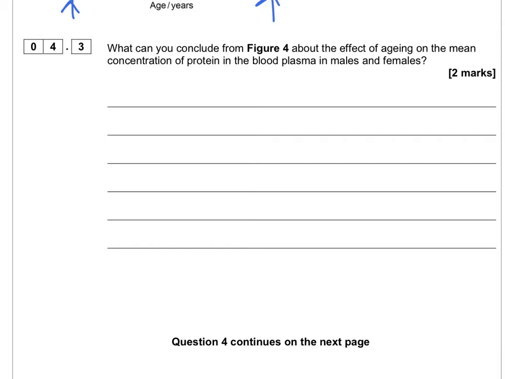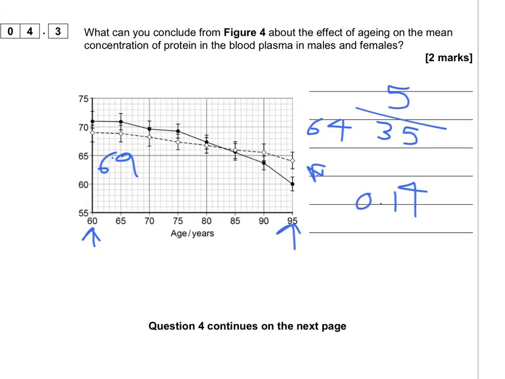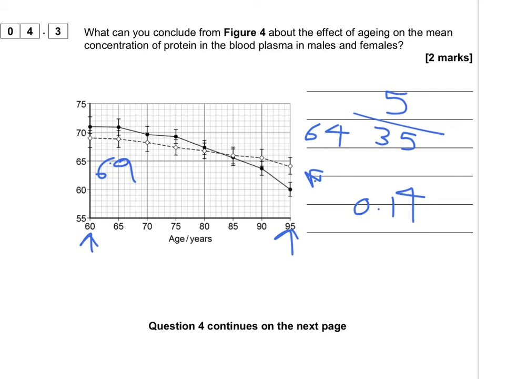If you look at the graph, you can see that the only time that the standard deviation bars do not overlap is at the age of 95. So that's one of your answers. It's only significant at 95 years because the standard deviation bars do not overlap.